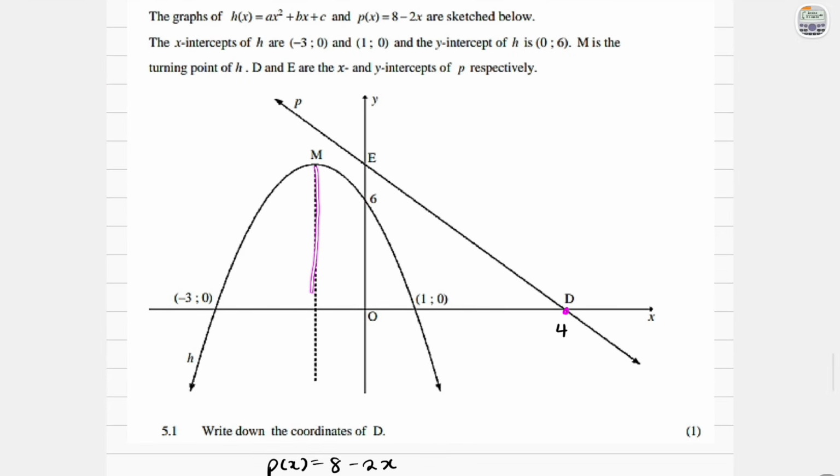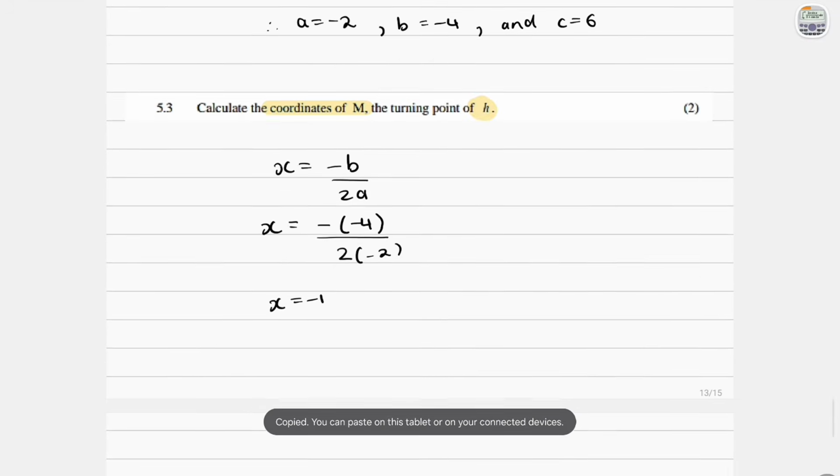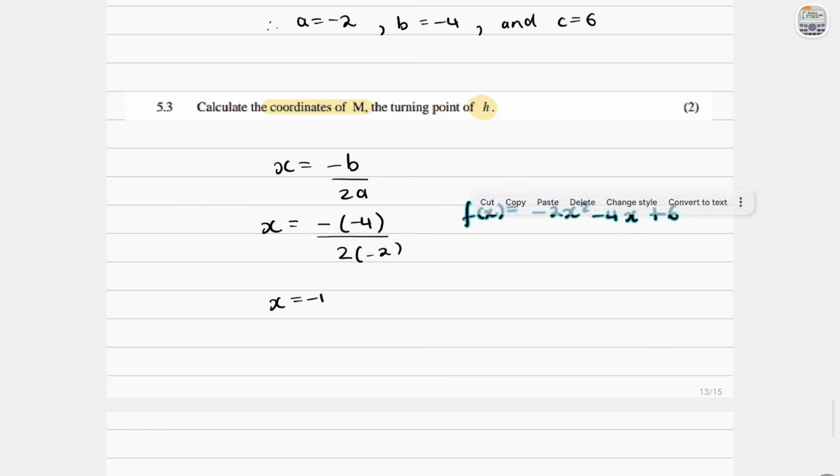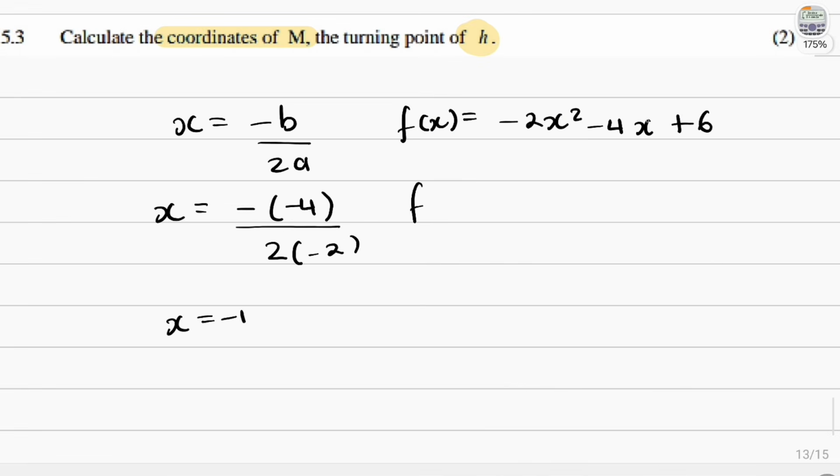So if this is the x value, how do you find the corresponding y value? Well, just take this x value and substitute it into the equation of h, and it will give you the y value that goes with that. So when x is equal to -1, what is the y value?